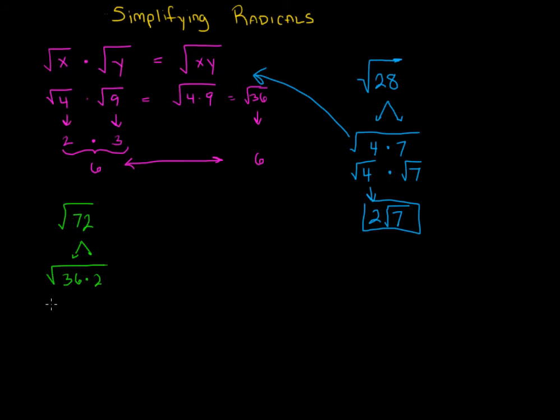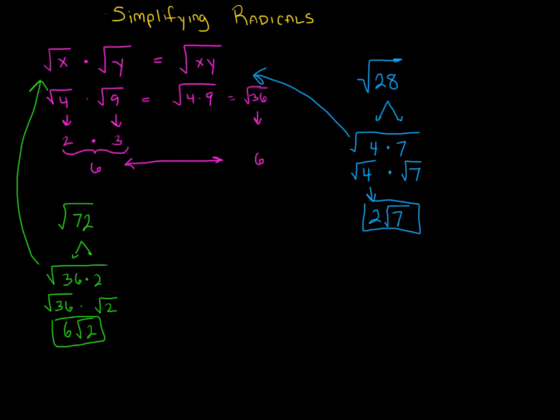So I can break that apart into the square root of 36 times the square root of 2, based on that property seen above. And I know that the square root of 36 is 6. And the square root of 2, I can't think of any perfect squares that go in that besides 1, of course, but that doesn't really help us. So I just leave that as the square root of 2. And my answer is 6 square root of 2. That's the simplified version of the square root of 72.